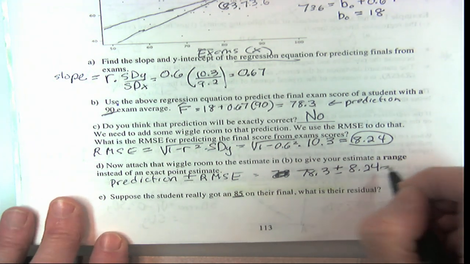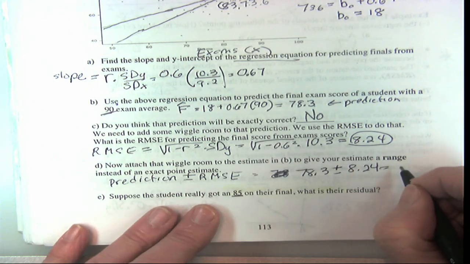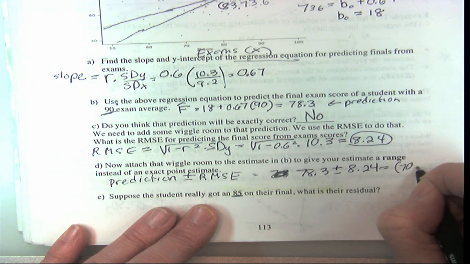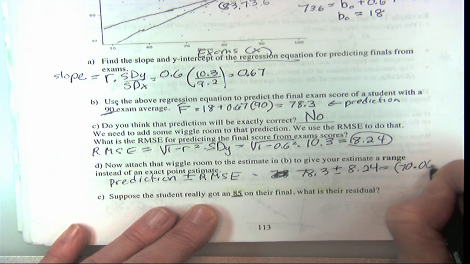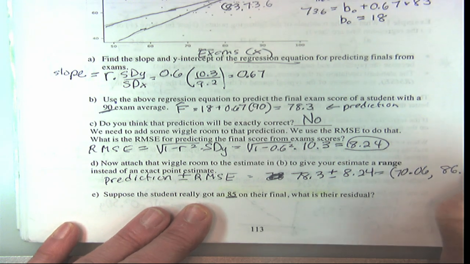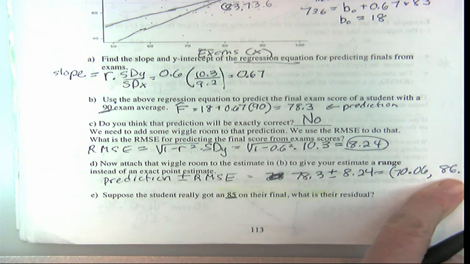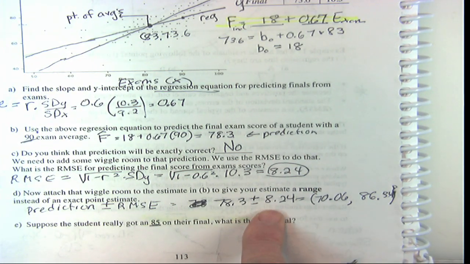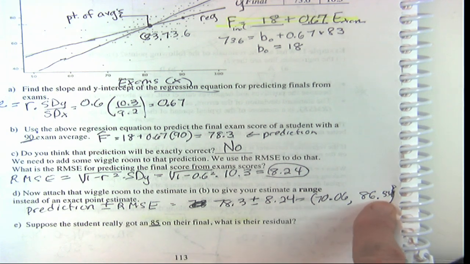You could add and subtract that, and you'd get what? 70.06 all the way up to 86.54. So it's giving it a range. Sorry, that's hard to read. I just added and subtracted 8.24. So that's 86.54 up there.